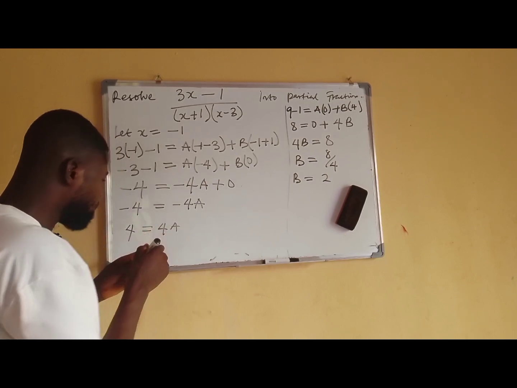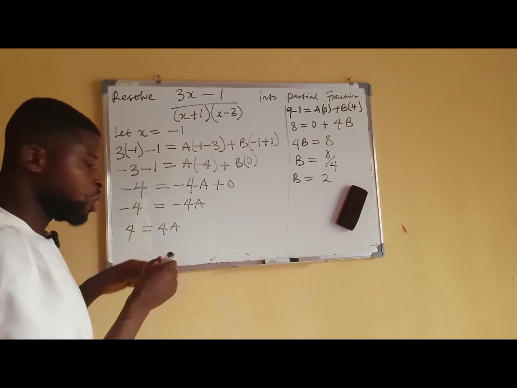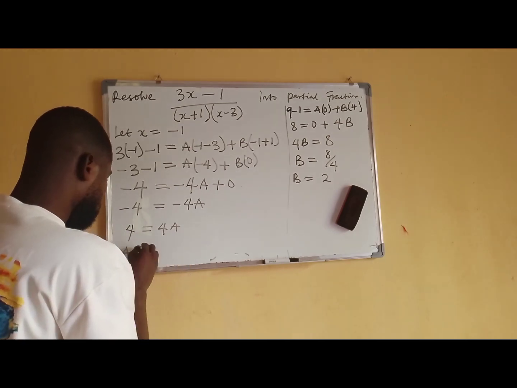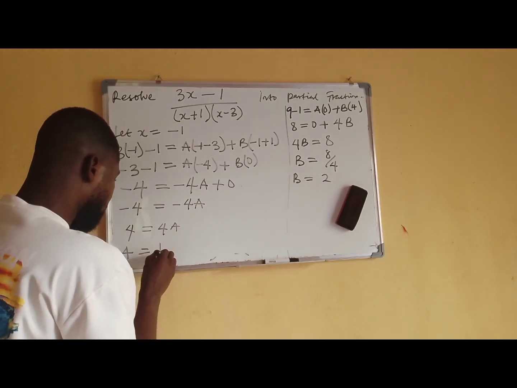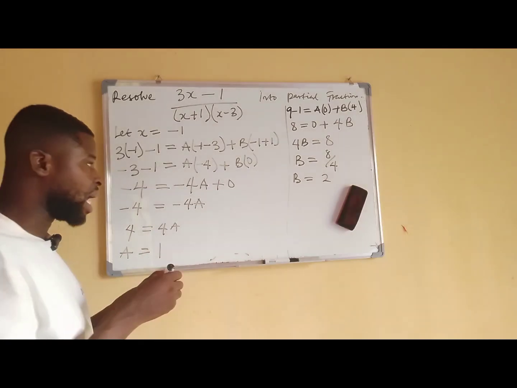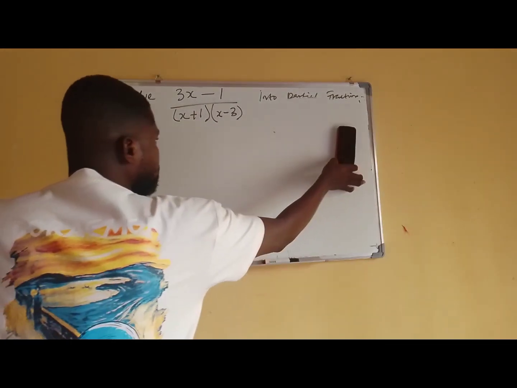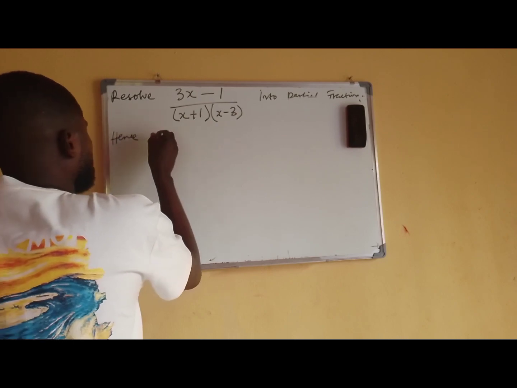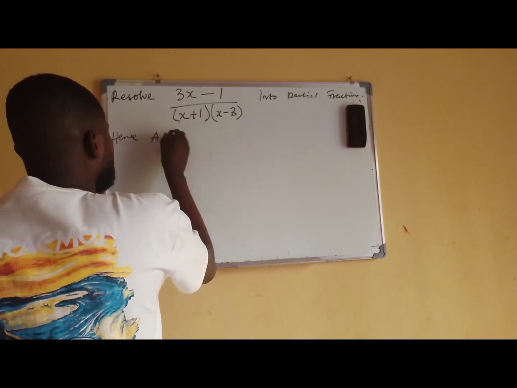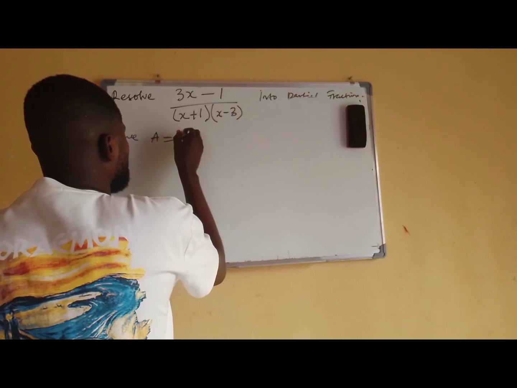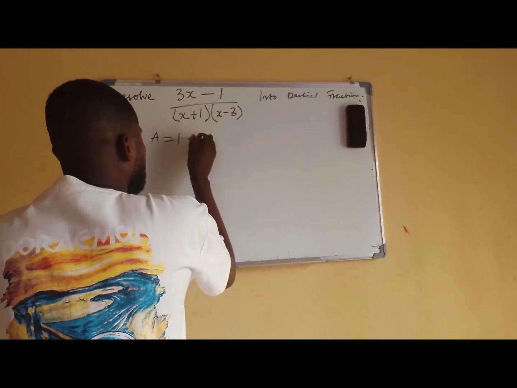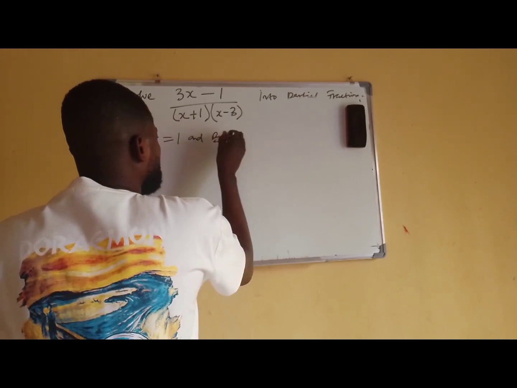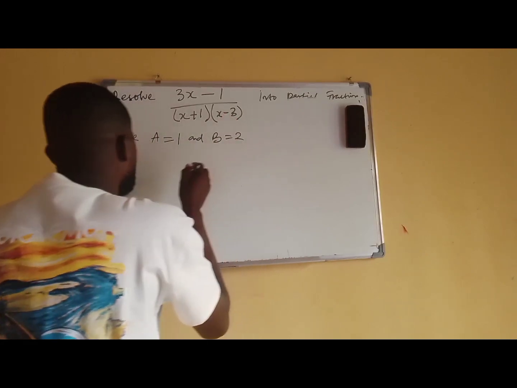And when you divide both sides of the equation by 4, we have that A is equal to 1. That is 4 divided by 4. Hence, A is equal to 1 and B is equal to 2.